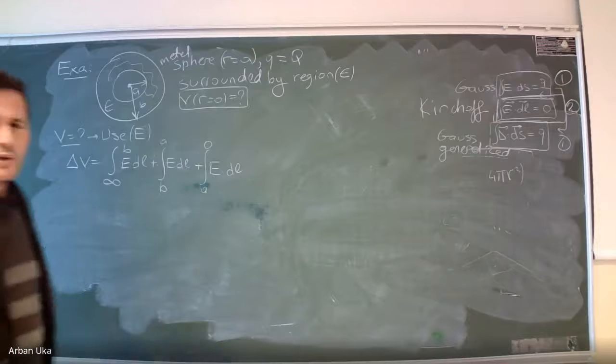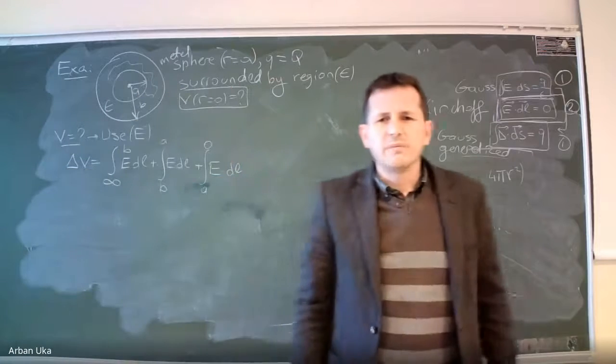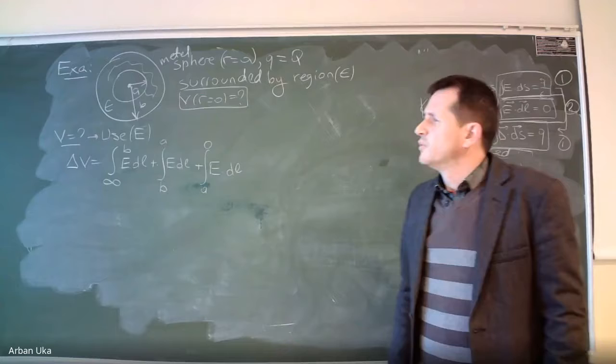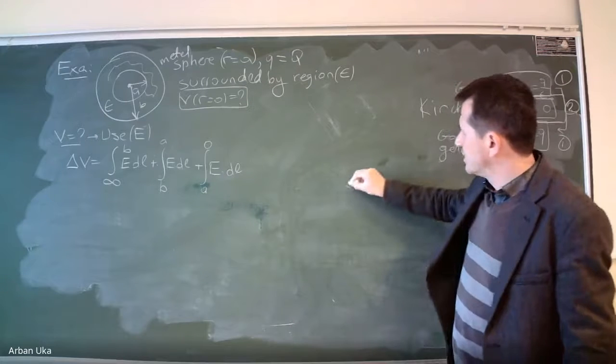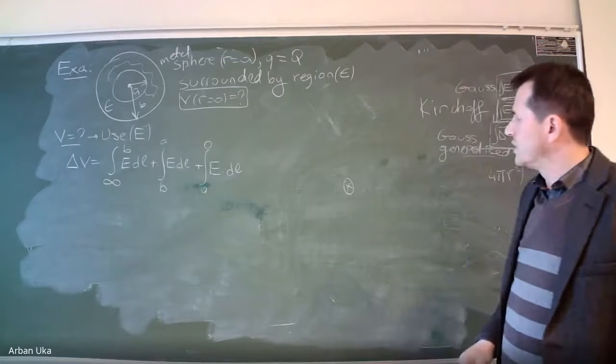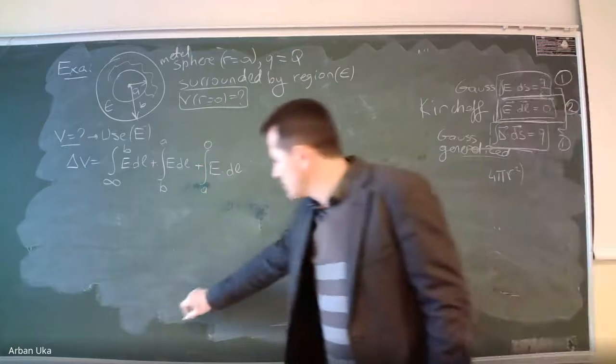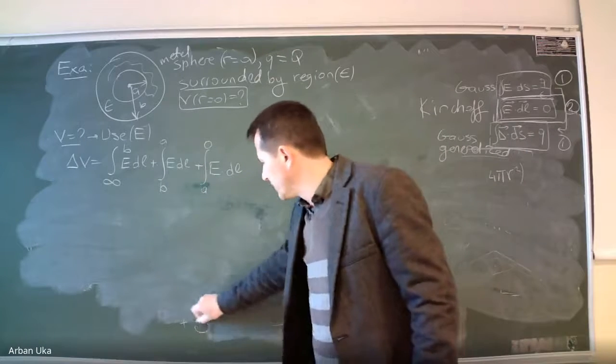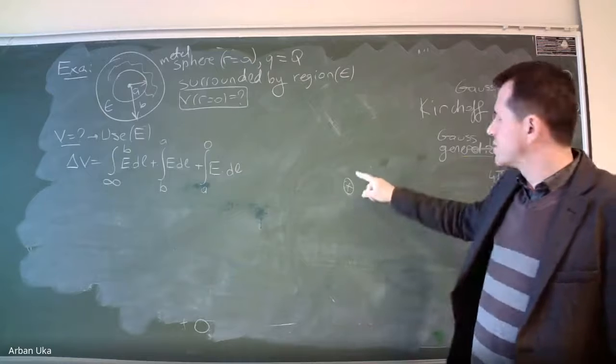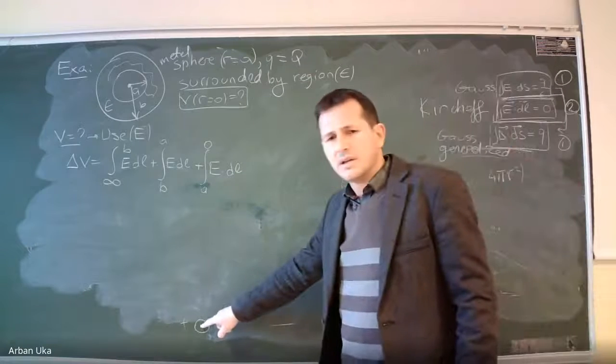Now, whenever we want to find the potential at any point, the best reference that we have is this: if we have some charge here, the only point that we know is infinity, where the potential is equal to 0, because it's too far. So this charge produces 0-volt potential far away.